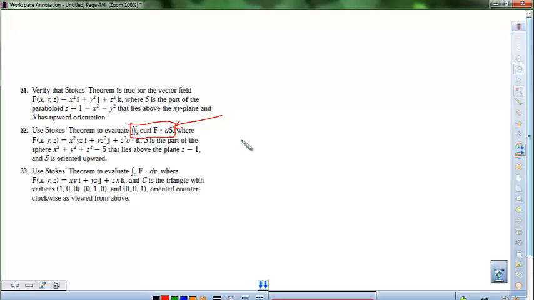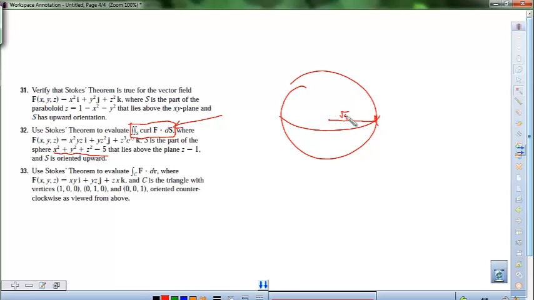And now when you're thinking Stokes, you have to look at the surface that they're giving you. It says here the surface is the whole sphere, x squared plus y squared plus z squared is equal to 5, so this has a radius of square root of 5. That lies above the plane z is equal to 1, so this even gets cut off. Z is equal to 1.